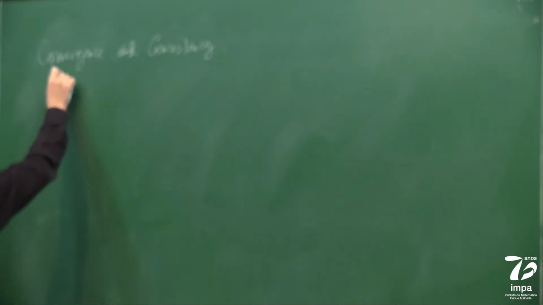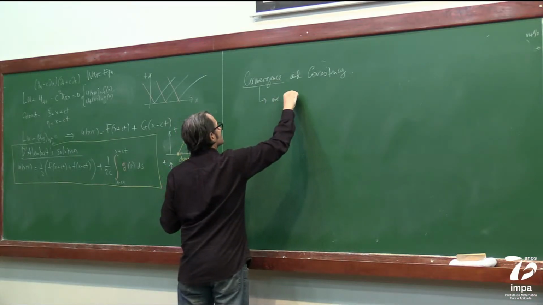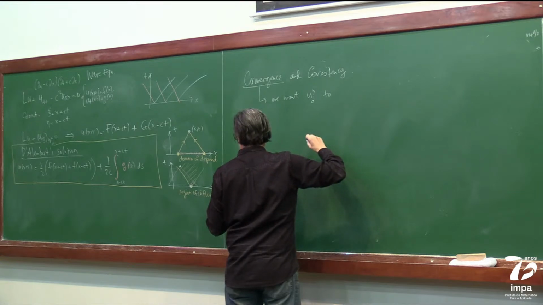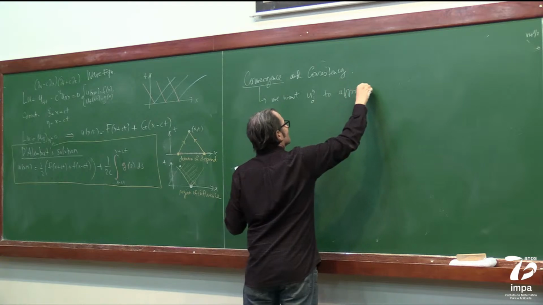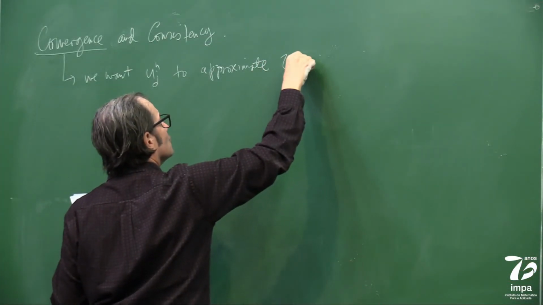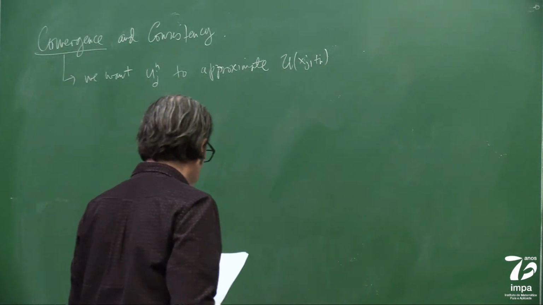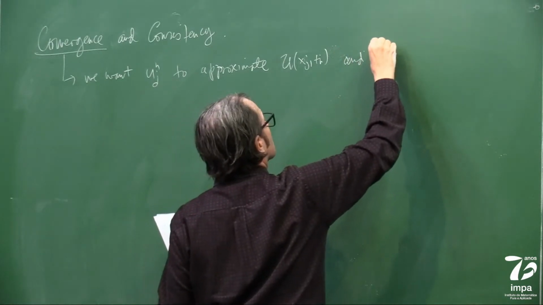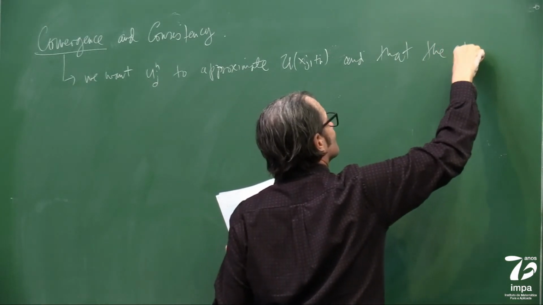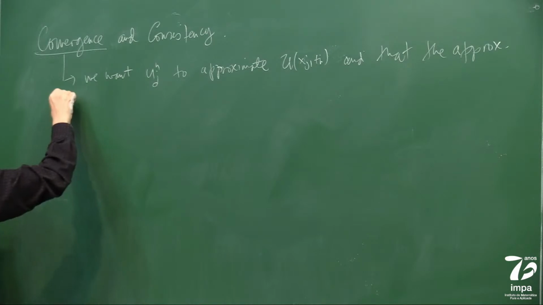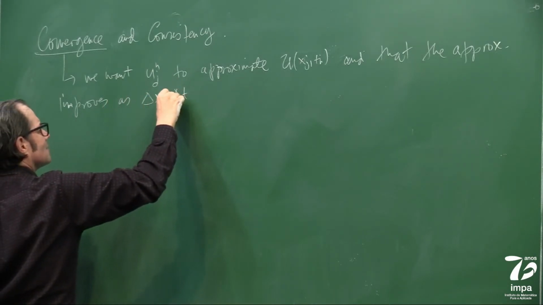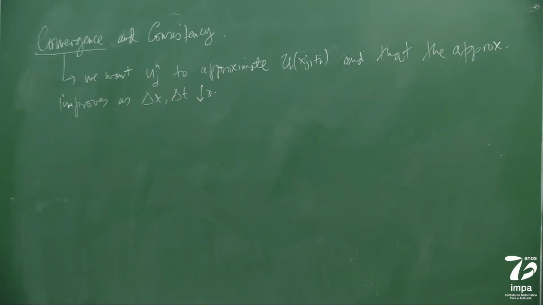So convergence, usually, let me put it this way, translating here in Portuguese, we want U_j^n to approximate U(x_j, t_n) and that the approximation improves as delta x, delta t go down to 0, right?